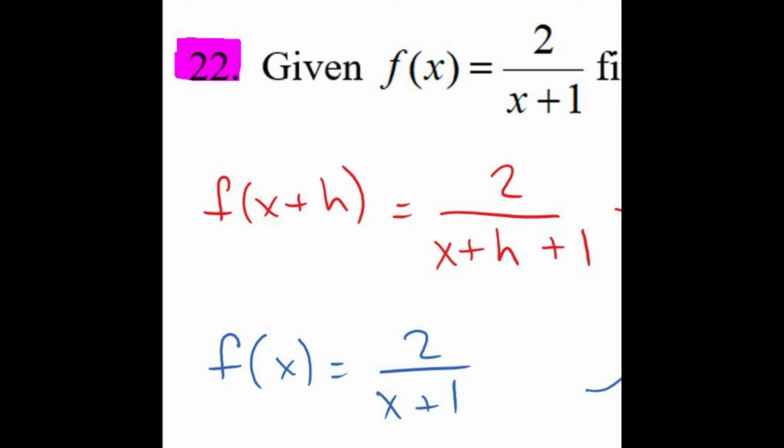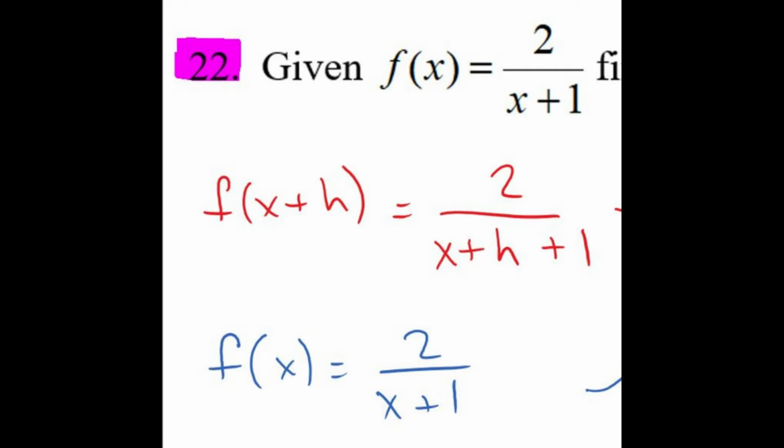All I did was replace the x in that function with x plus h, and then everything else was the same. So it ends up being 2 over x plus h plus 1. And like I said, that's here in red. And then f of x is already done because they told us what f of x is, but I rewrote it in blue, and it's 2 over x plus 1, and so that's all done.